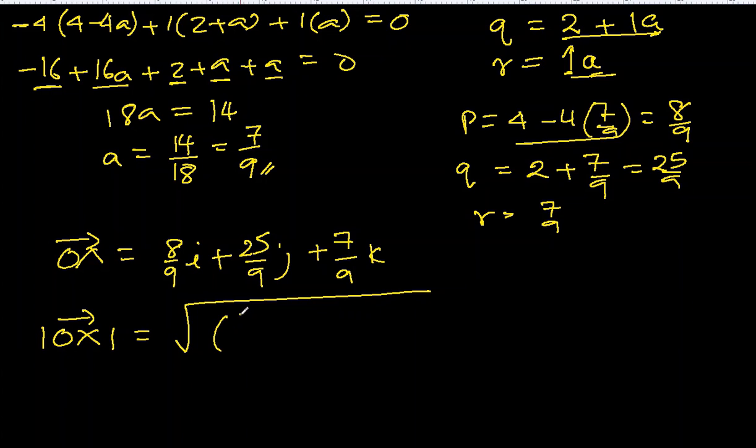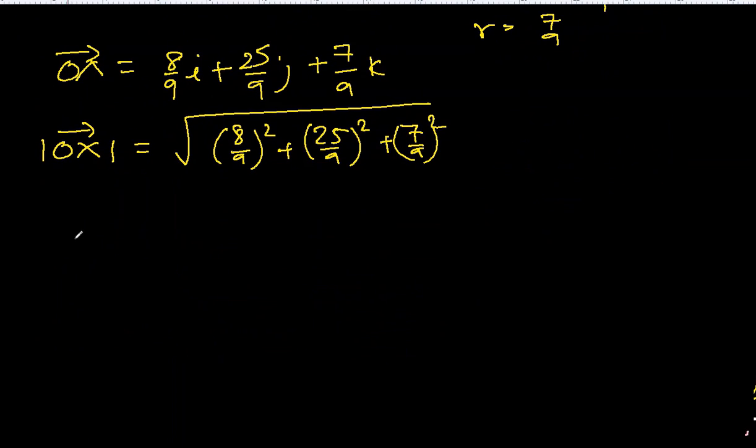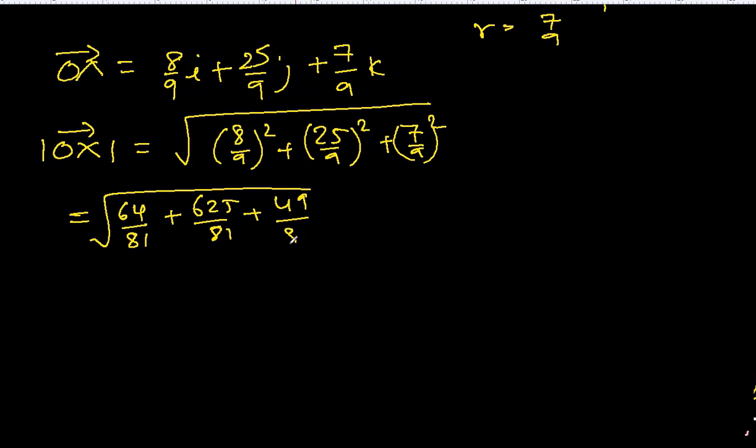The magnitude of OX will be 8 over 9 square plus 25 over 9 square plus 7 over 9 square. All right. Is it giving us the right one? Let's see. Square root 64 over 81, 625 over 81 plus 49 over 81.